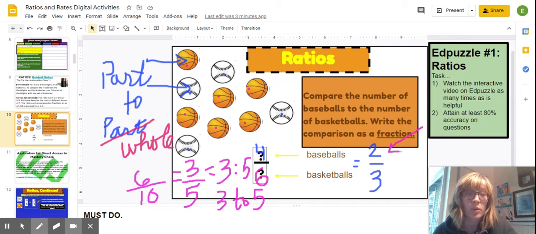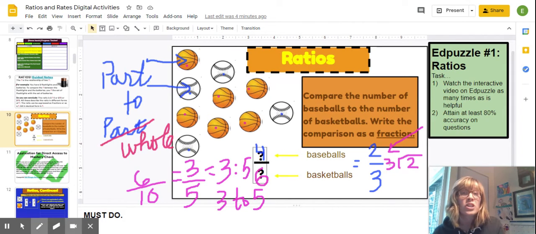There will be some scenarios where you want to turn it into a decimal. Again, you can do that by remembering that the fraction bar is really just a division sign. So you can set it up as 2 divided by 3, and then convert it by using division into a decimal.